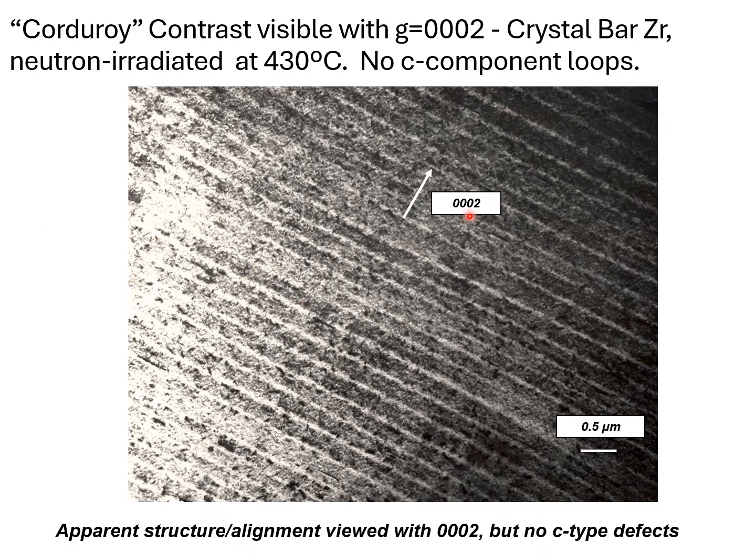It's not caused by any structural feature with a strain field distortion of the basal plane, but you have local bending in the foil because of the alignment of the damage, like rafting. So this what's called corduroy contrast is because of the periodic bending of the thin foil.